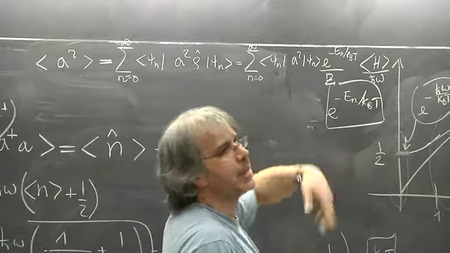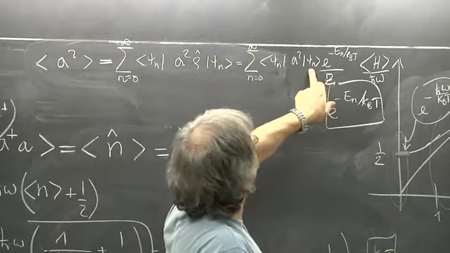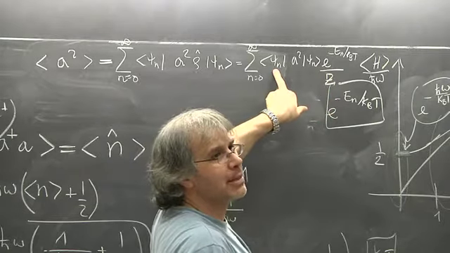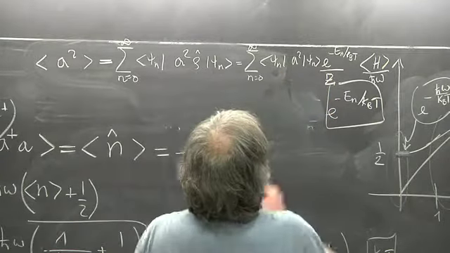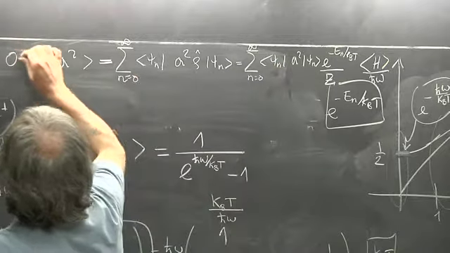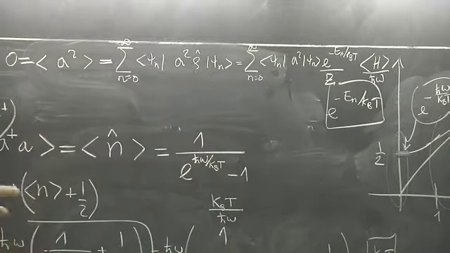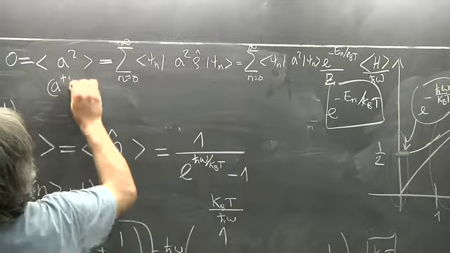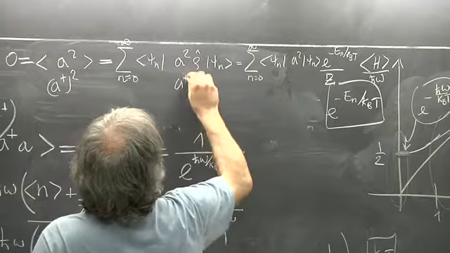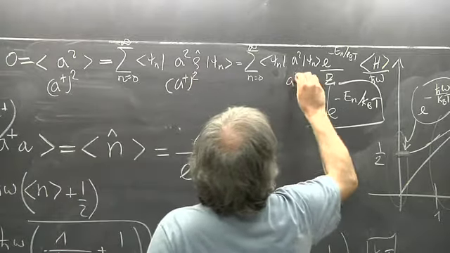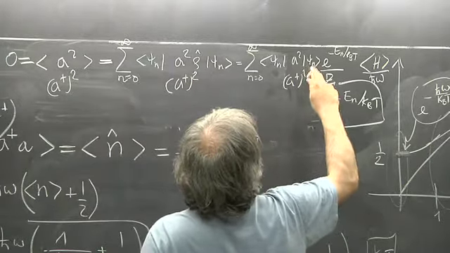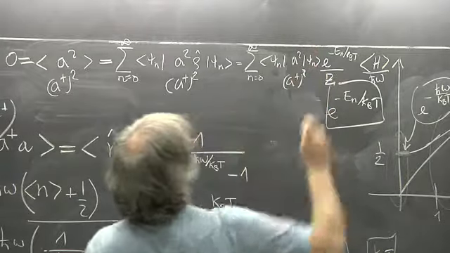A square gives me psi n minus 2, but then I take the scalar product with psi n, they are orthogonal, I get 0. So this thing is 0 only on average. And similarly, A dagger square, by the same reasoning, changes psi n into psi n plus 2, and therefore you get 0.